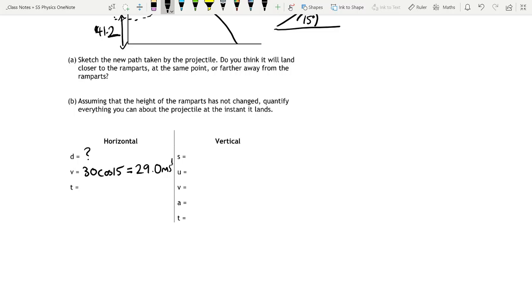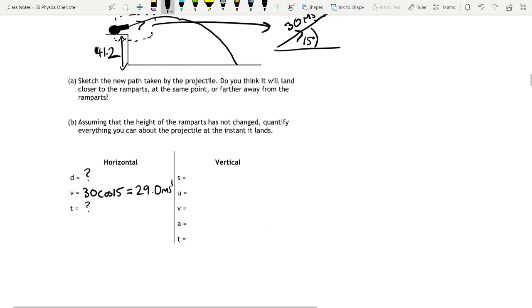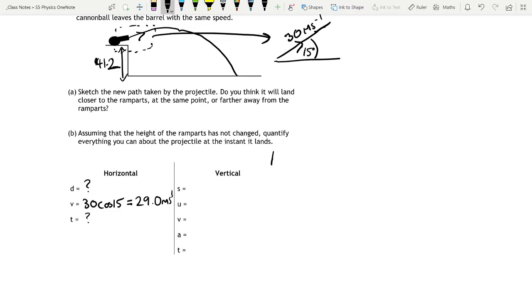Okay. Guys, what else do we know? We don't know the time it takes either, and we can't work that out unless we've got the distance. So we'll just leave that aside for now. Vertical. Right. Vertically, it's being shot upwards first, so I'm going to take up to be positive. Okay, so our vertical distance, which is the height of the ramparts, is actually going to be, because it's down the way, minus 41.2 meters.